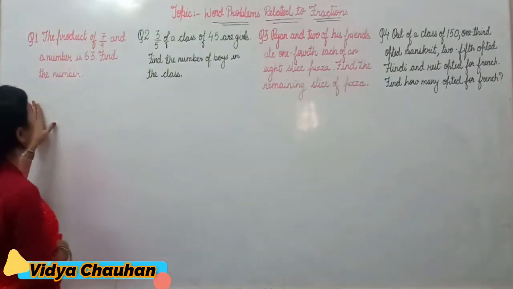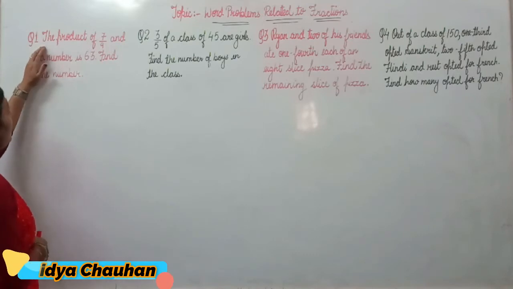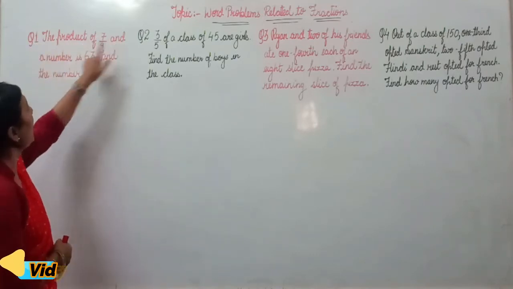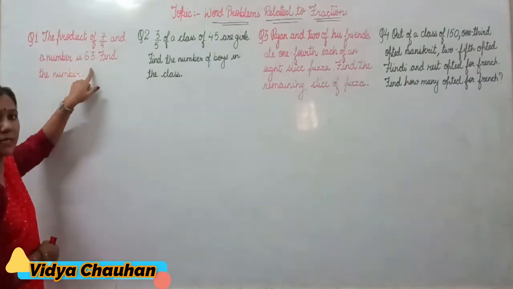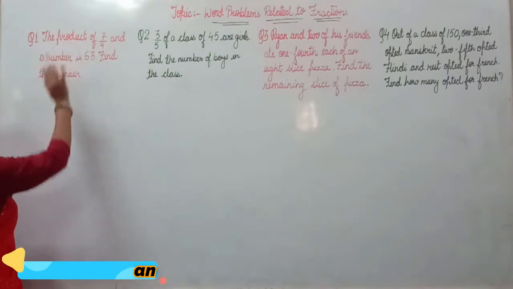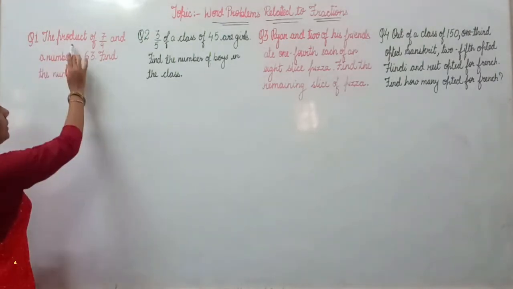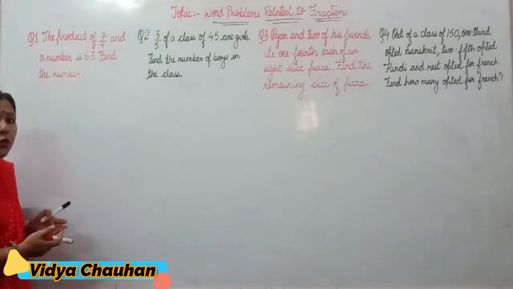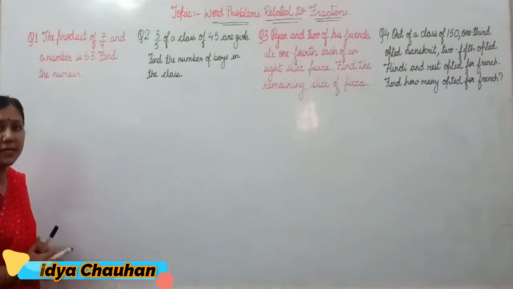Starting with the first question, it says the product of 7 upon 9 and a number is 63. Please understand this first statement. The product means multiply. The product of 7 upon 9 and a number. So we don't know the second number. What is that second number?